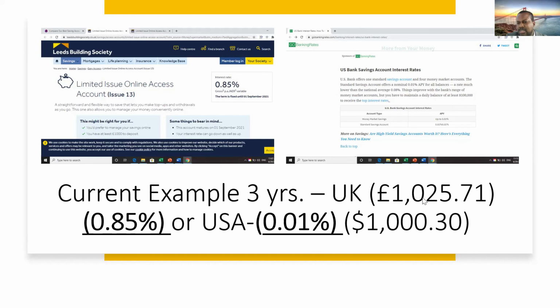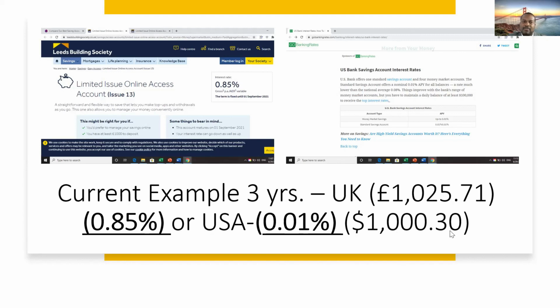So this is just a marginal return. Basically, we're looking at 8.57, or let's say it's just over $7 or so or pounds per year, which is not significant. While here, in terms of the US situation, it's only 30 cents.